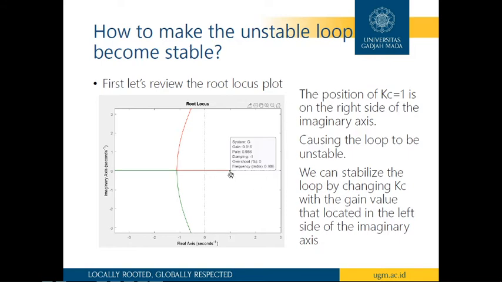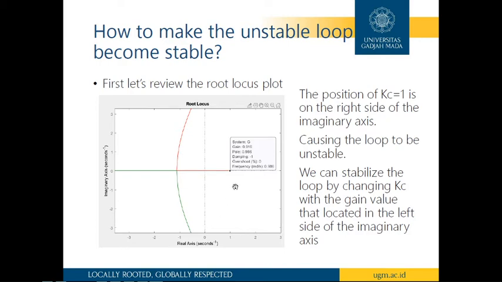When we click the root locus plot, we can get the values of the system, like the gain value, the pole, the damping, overshoot, and frequency. This is the position of Kc, where Kc is equal to 1, and the position is on the right side of the imaginary axis, where the imaginary axis is this y-axis.